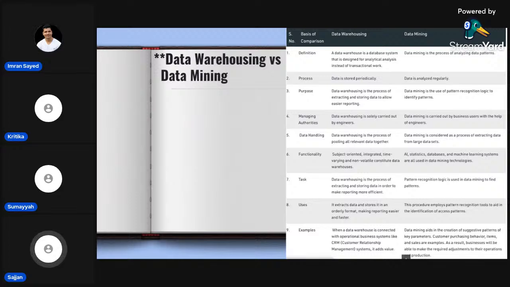The procedure employs pattern recognition tools to aid in identification of access patterns. Examples: when a data warehouse is connected with an operational business system like a CRM system, it adds value. Data mining aids in the creation of suggestive patterns of key parameters, like customer purchasing behavior, items, and sales. As a result, businesses will be able to make the required adjustments to their operations and production.